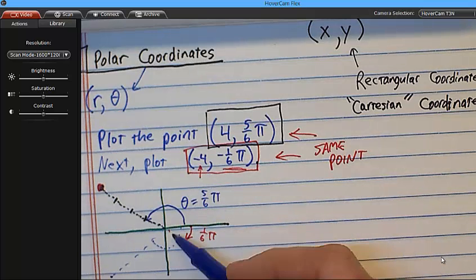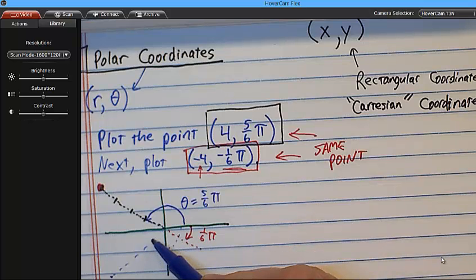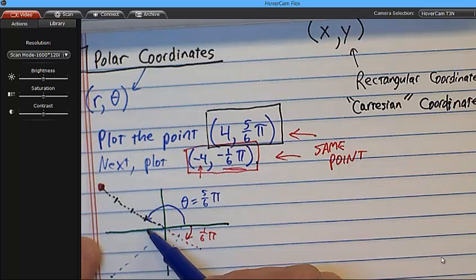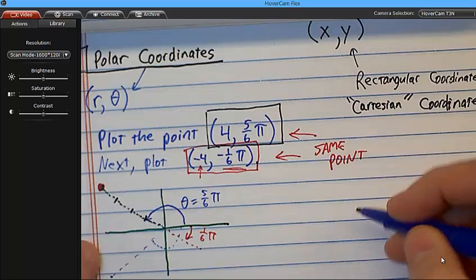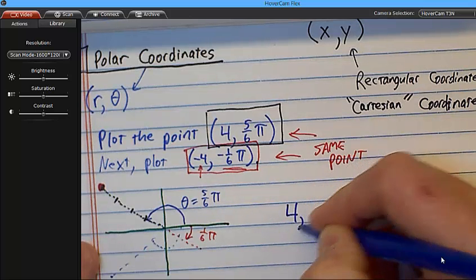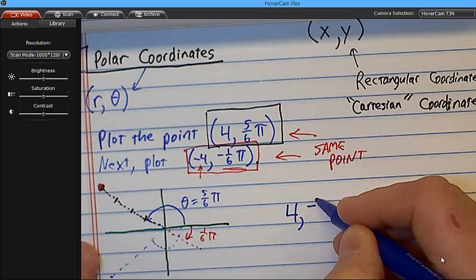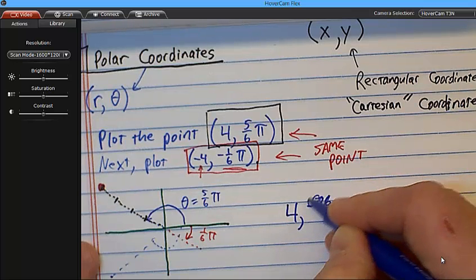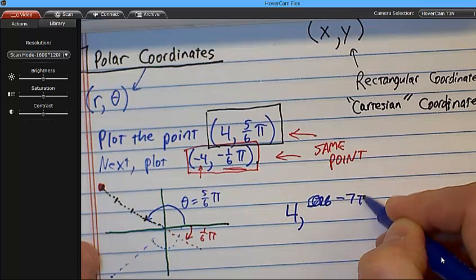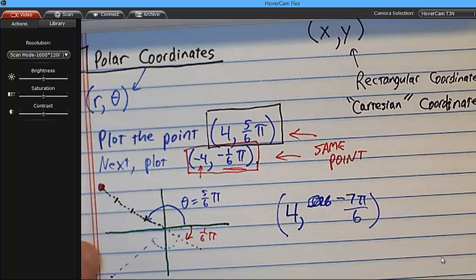If you wanted to rotate that direction, how far would you want to go? Here's 5/6 pi. 6/6 pi would bring me there. So I guess another representation would be negative, how many sixths would I need? 7/6 pi. That's right. So negative 7 pi over 6 or something like that. Does that make sense?